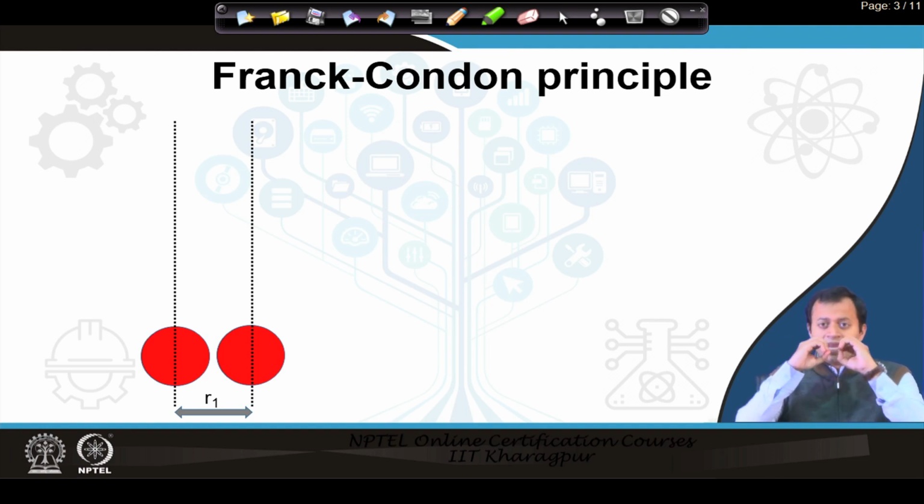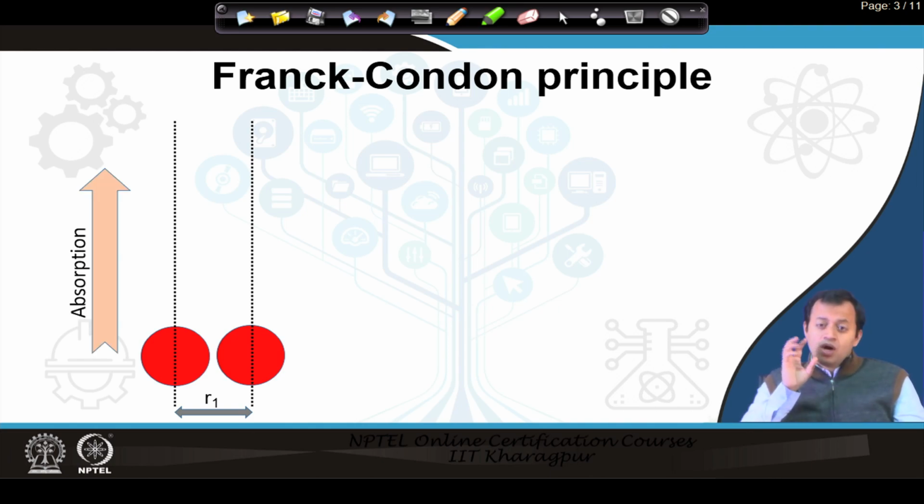So, again you have two diatomic molecules, well, a diatomic molecule, hydrogen and hydrogen, separated by a distance r1. You have now excited just one atom of them with some amount of light. So, what will happen?